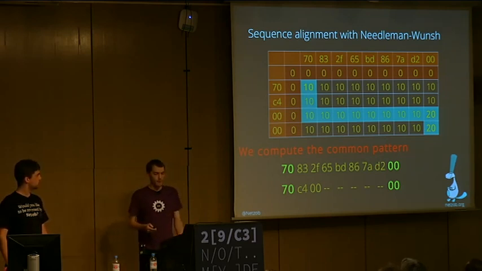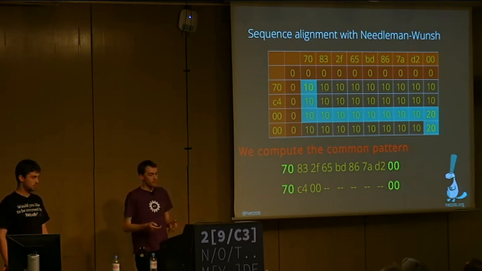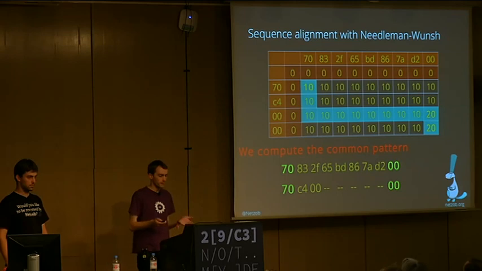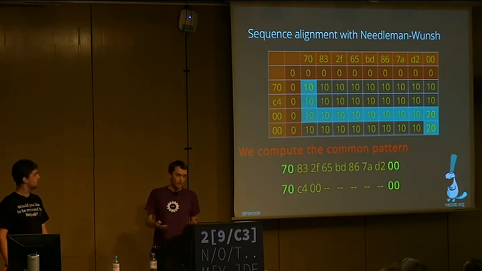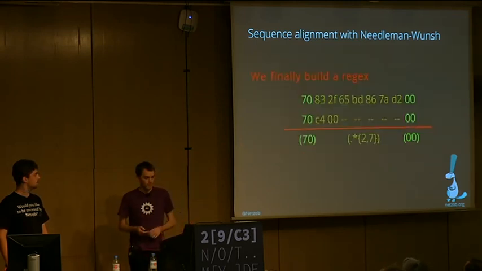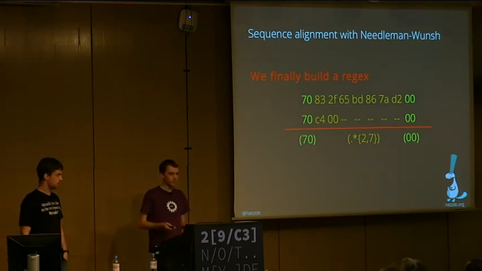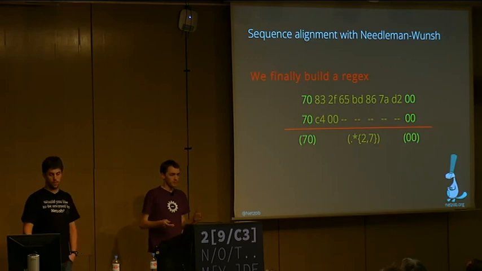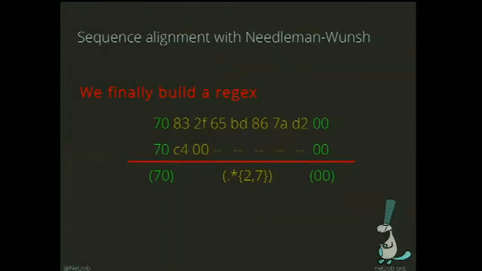Based on this information, based on this command pattern, in order to manipulate that inside Netzob, we rely on regular expressions. So we just compute a basic regular expression that corresponds to this alignment. So this is the regular expression of this alignment.